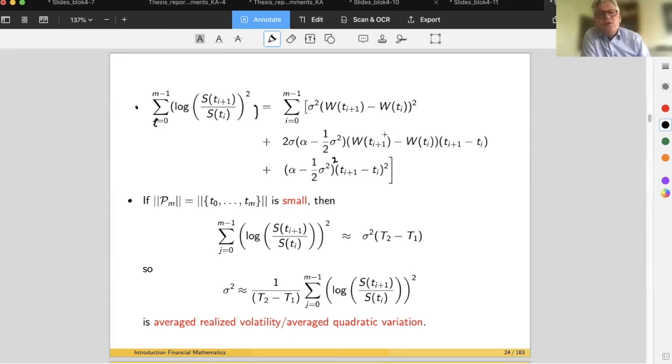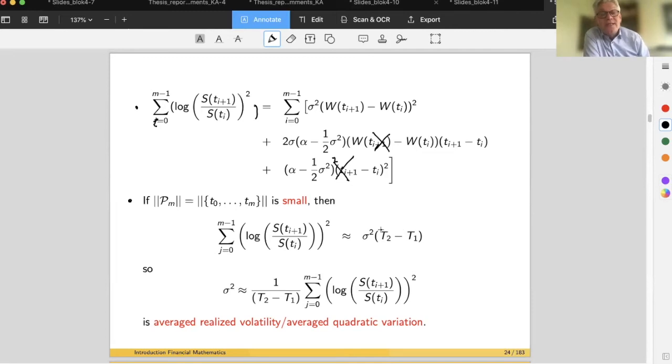So these two will cancel out in the limit for small mesh width. So in total, the sum of log returns squared is equal to sigma squared times the length of the time interval, T2 minus T1.